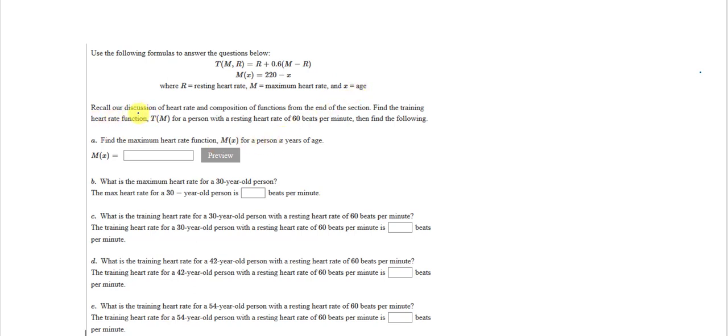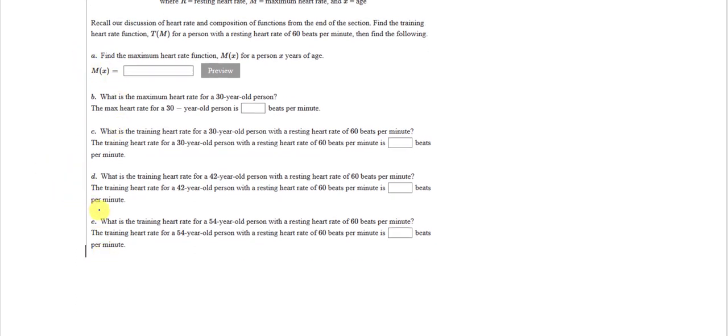Now recall our discussion of the heart rate and composition of functions from the end of section 2.4. Find the training heart rate function T of m for a person with a resting heart rate of 60 beats per minute. Then find the following. So we will go slowly, step by step, A, B, C, D here.